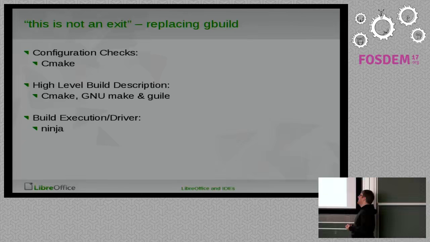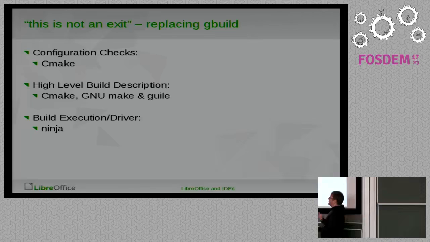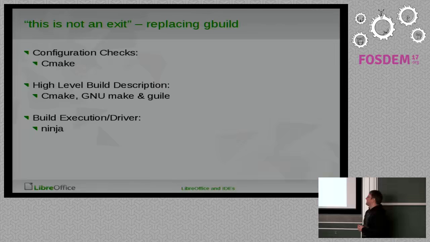The advantage there is not to rewrite everything from scratch again, but to softly migrate to it. But the most interesting issue is probably build execution, because Ninja is a lot faster than what we have now, because Make is just awfully slow parsing all the dependency files that we have, which are huge. Yeah? Do a lot of those.